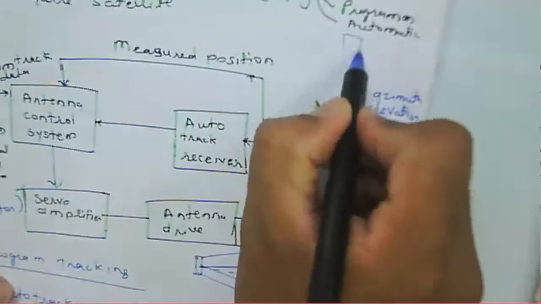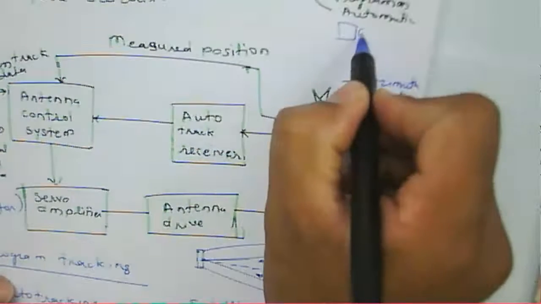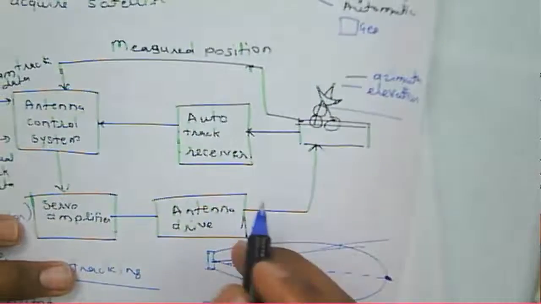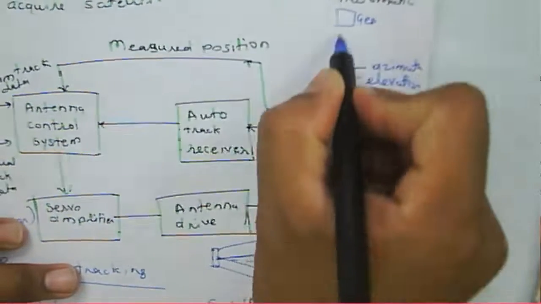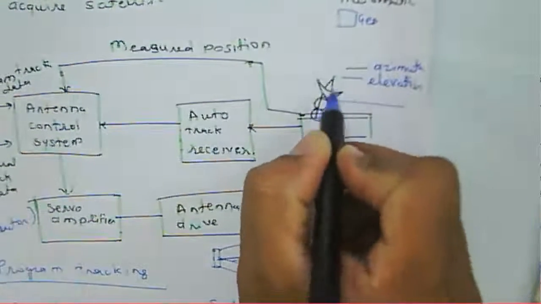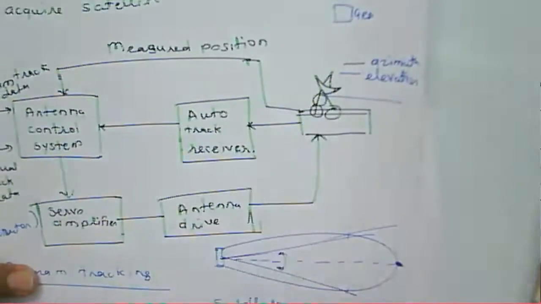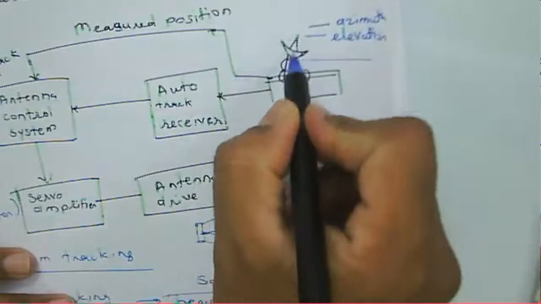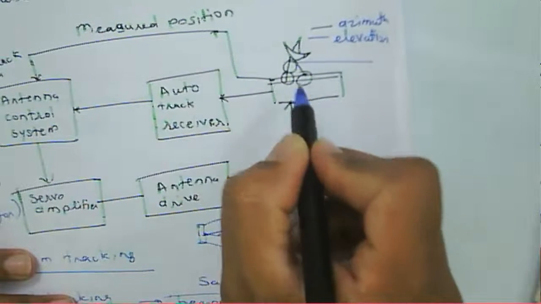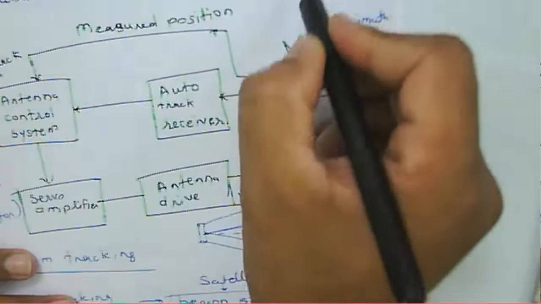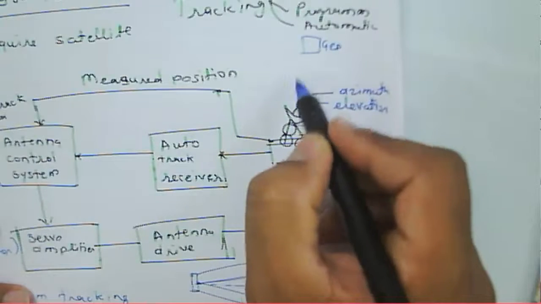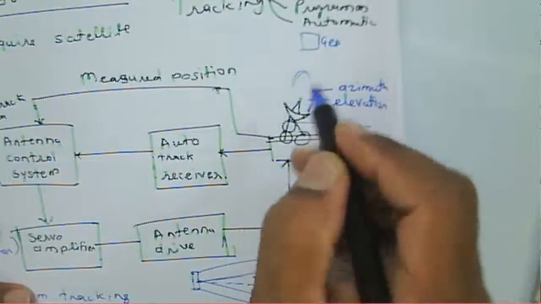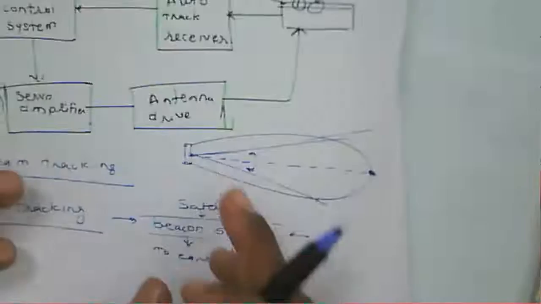Satellite position is fixed, assuming a geostationary satellite. So we are only changing the position of the Earth station antenna by receiving the signal from the satellite, and according to that beacon signal, both sides of the antenna are changed.